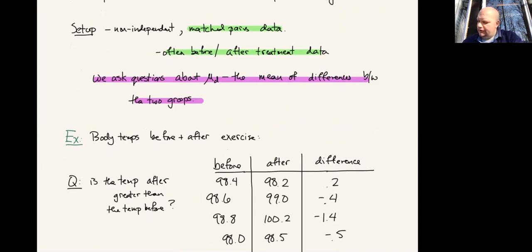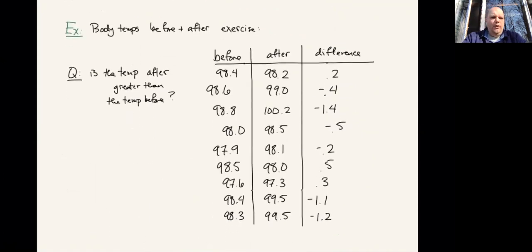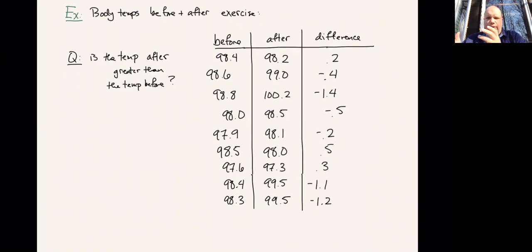So let's do an example together. We're interested in body temperature before and after doing some exercise. So here's some data. This is made up, but it's a good example, where we've collected from a number of people a body temperature before and after a certain amount of exercise. What I've done with that before and after data is computed a difference.